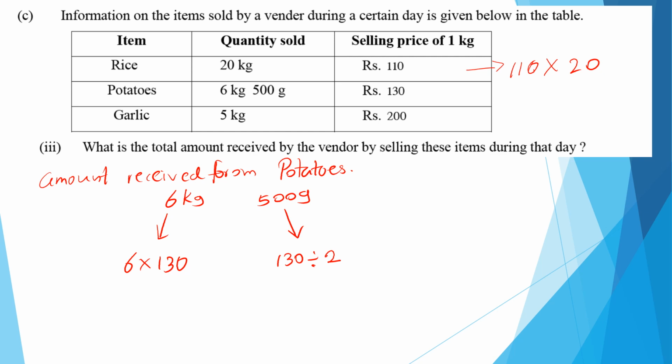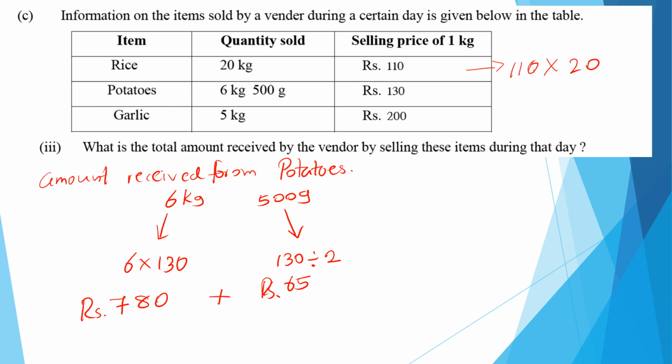So the price of 500 grams should be 130 divided by 2, and you get 65 rupees, right? And in this case 130 into 6: 6 into 0 is 0, 6 into 3 is 18, 6 into 1 is 6, plus 1 is 7, 780 rupees, right?